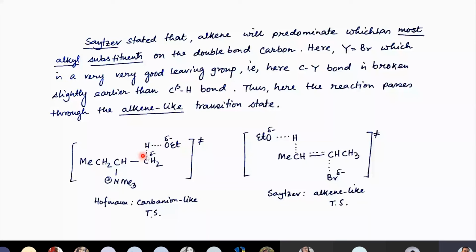So you have a carbanion-like transition state, followed by the leaving group leaving. But in the Saytzeff case, this bond will be broken first, so that you have an alkene-like transition state, followed by the base taking up this proton. Okay, so in the Hofmann case, you have a carbanion-like transition state, and in the Saytzeff case, you have an alkene-like transition state.